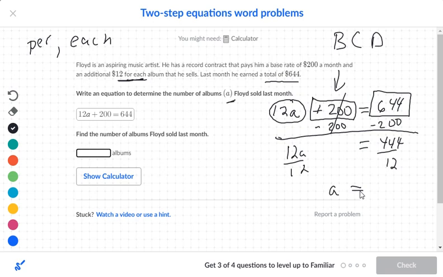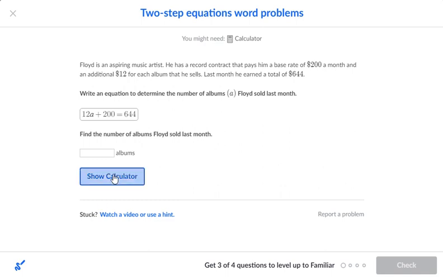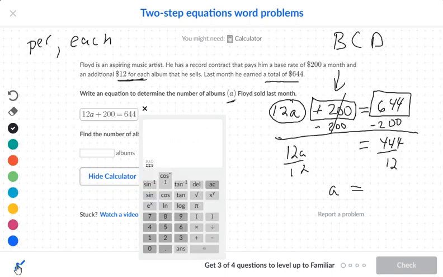So now you can use your calculator here. What you probably have to do is you first got to cut this off for a moment. Cut your calculator on. Now you can bring this back up. And we're going to type in 444, so 4, 4, and a 4. Press our division sign and divide this by 12.